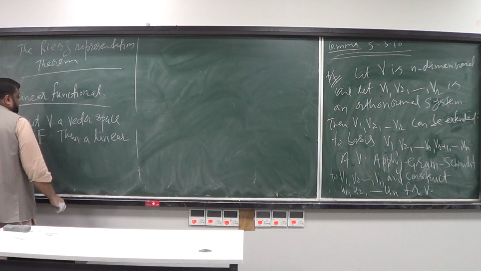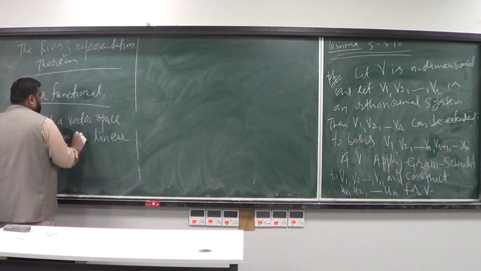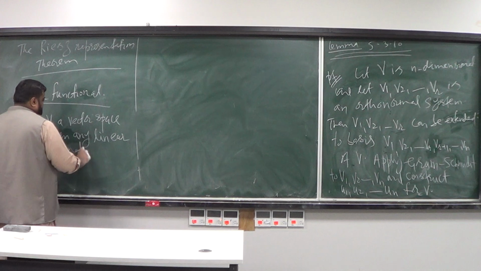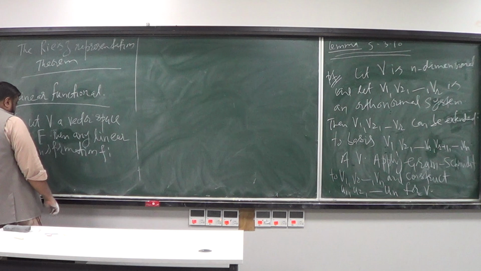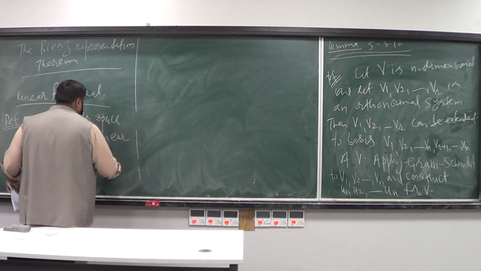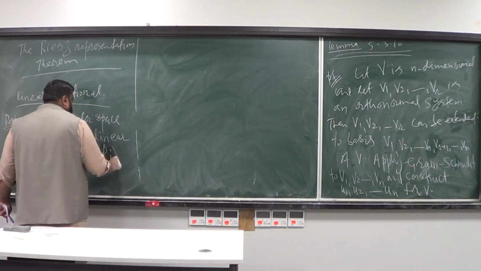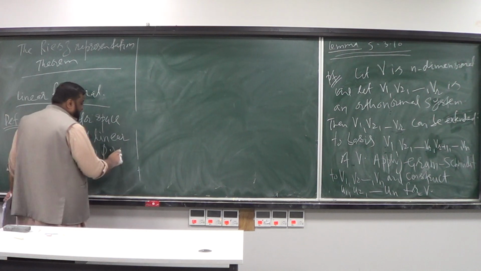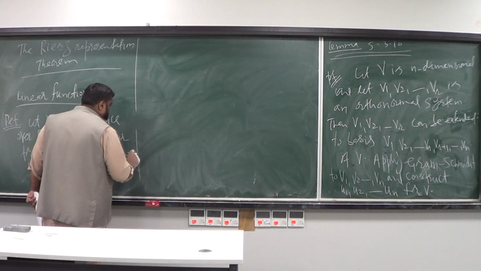Any linear transformation, call it F, or maybe phi, any symbol you like, from the vector space, and this is important, not to another vector space, but to its field.